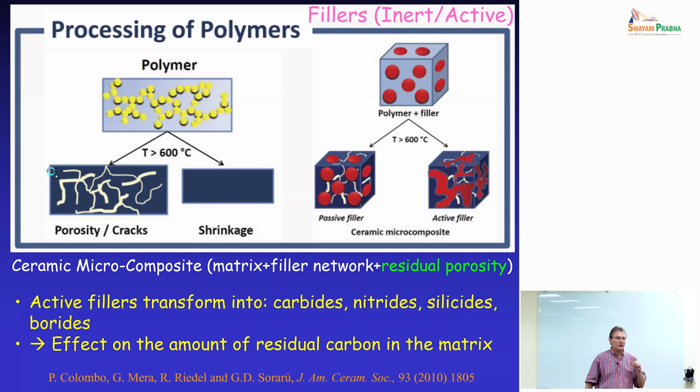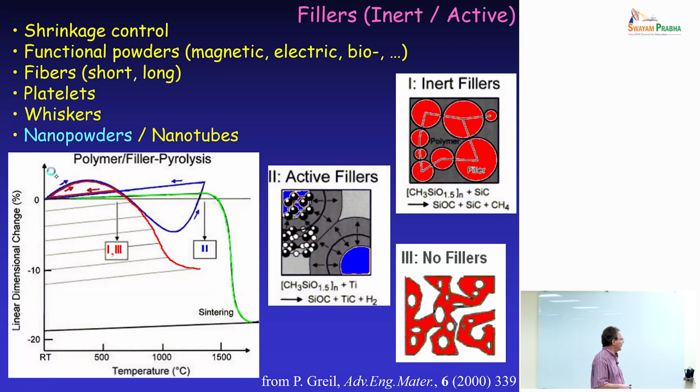So basically you're forming a new ceramic phase that occupies a larger volume. In this way, you can reduce the shrinkage quite effectively and end up with a material that is fully ceramic. So you can see that if you do sintering of particle-based materials, you have a certain sintering shrinkage.